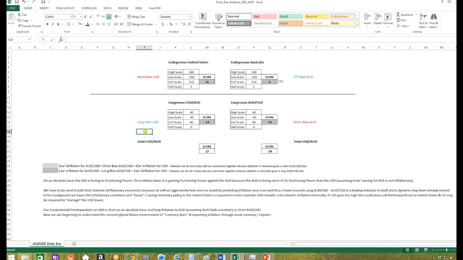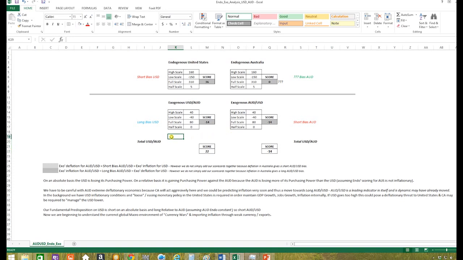So we don't simply add up our scorecards and then add the inverse of the deflationary number, because that academically makes no sense. We don't have default inflation in the United States when we have deflation or deflationary conditions on a relative basis in Australia.